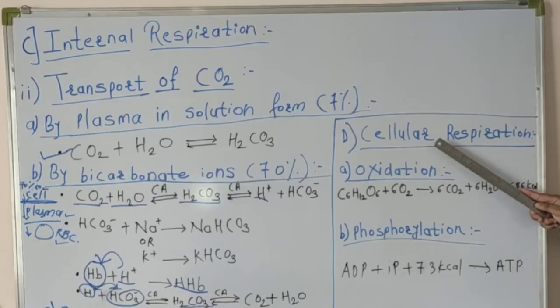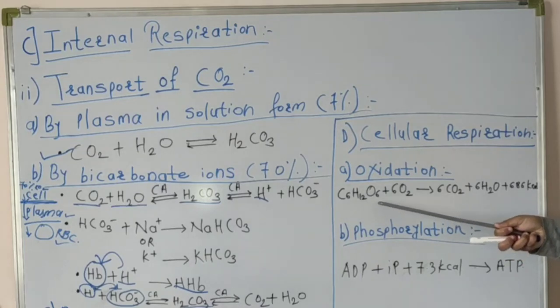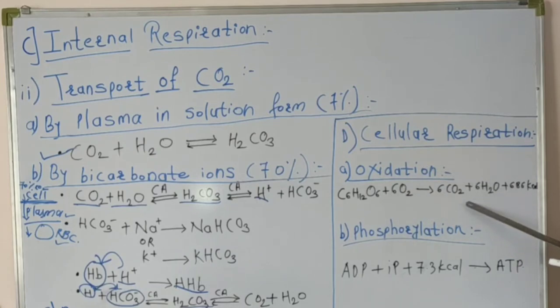Now we will see cellular respiration. In cellular respiration there are two steps. First is oxidation and second is phosphorylation. In oxidation, food gets oxidized, and in phosphorylation, ATP gets generated. In oxidation, complex organic molecules break down into simple inorganic molecules, and at that time heat energy is released.